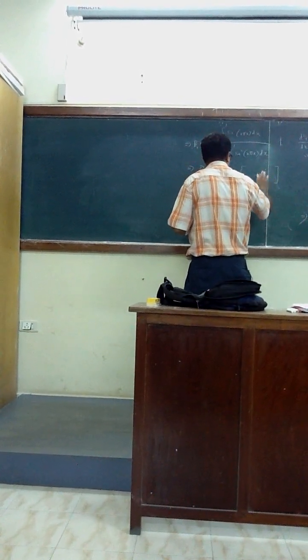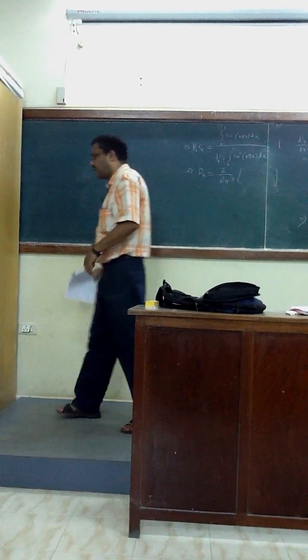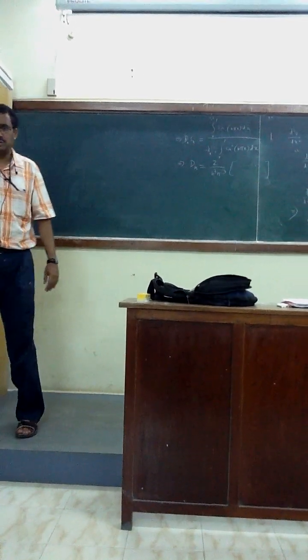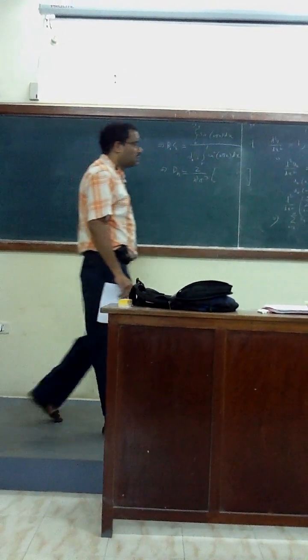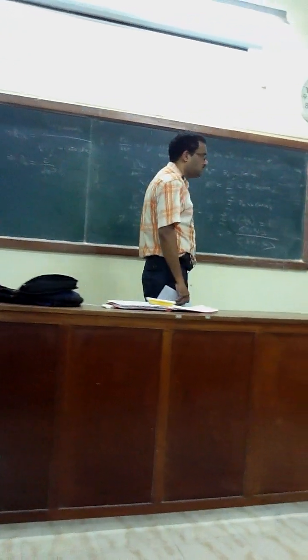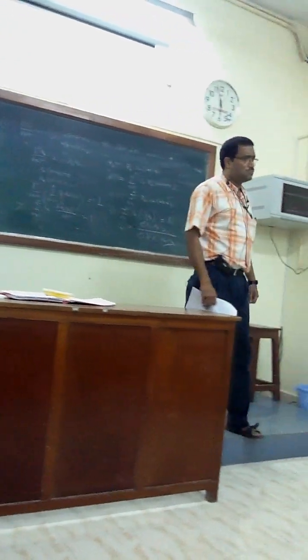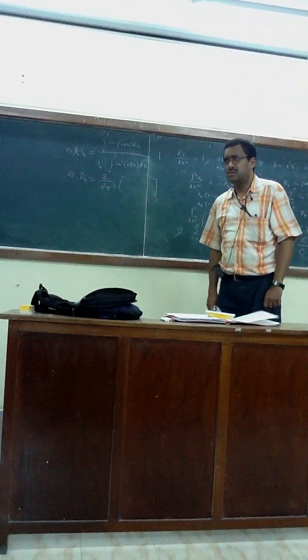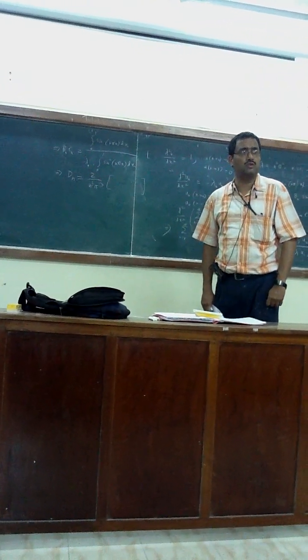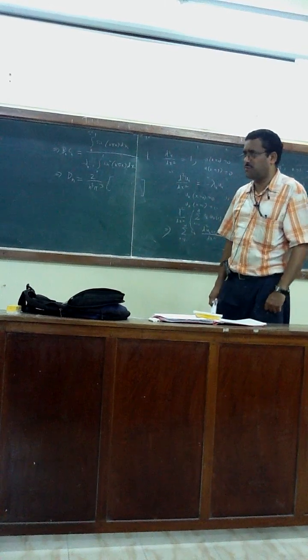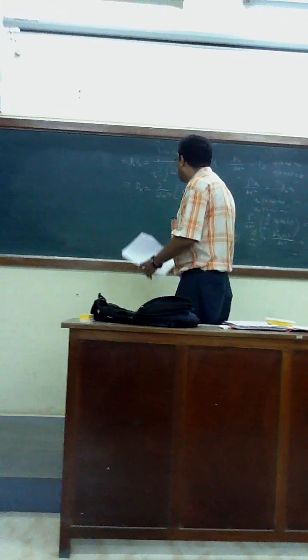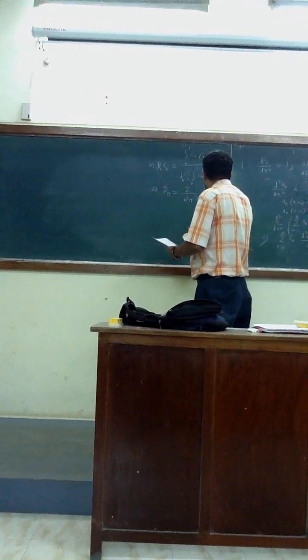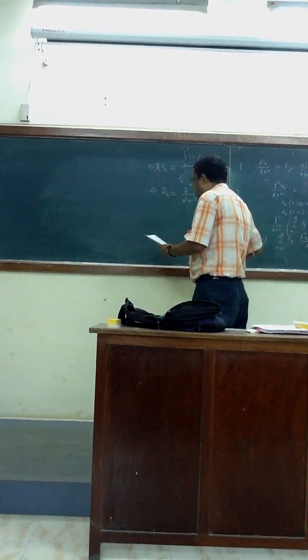Cos will not be there, only some numbers will be there. Cos n pi and all you have to substitute. If you want to know how to substitute, cos pi equals to what? Cos 2 pi equals to plus 1. So what is the cos n pi then? Minus 1 whole to the power n. Next. That's the answer.